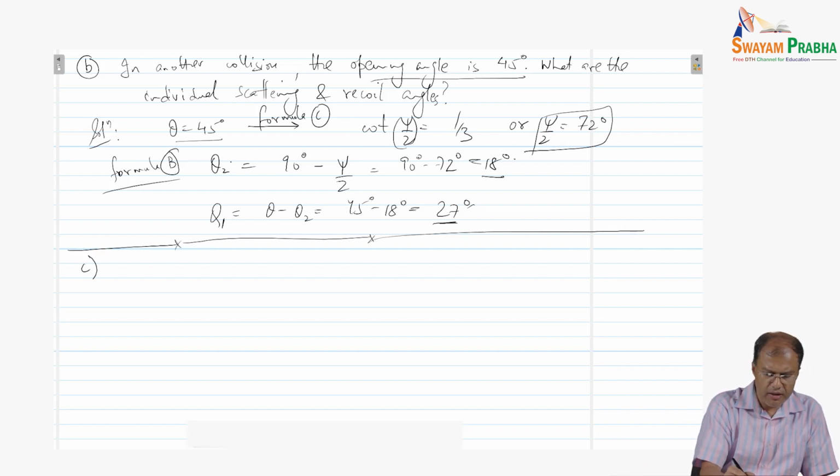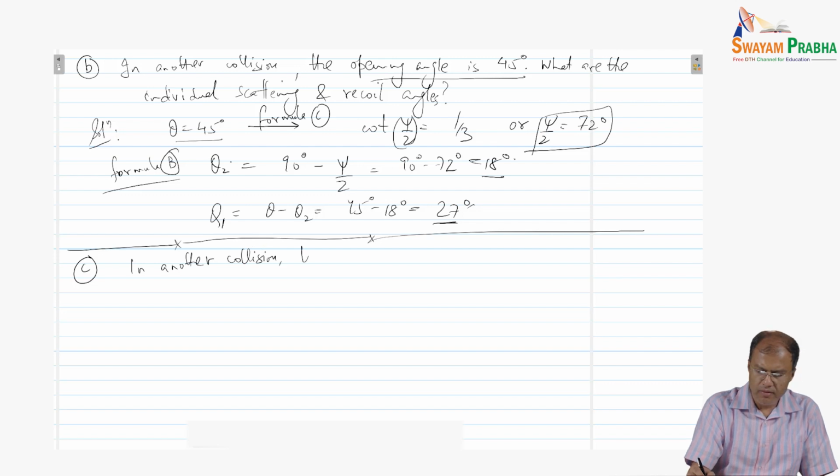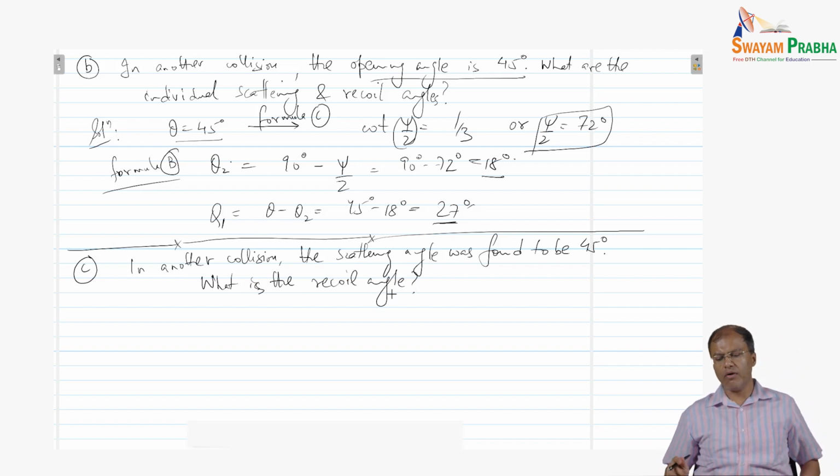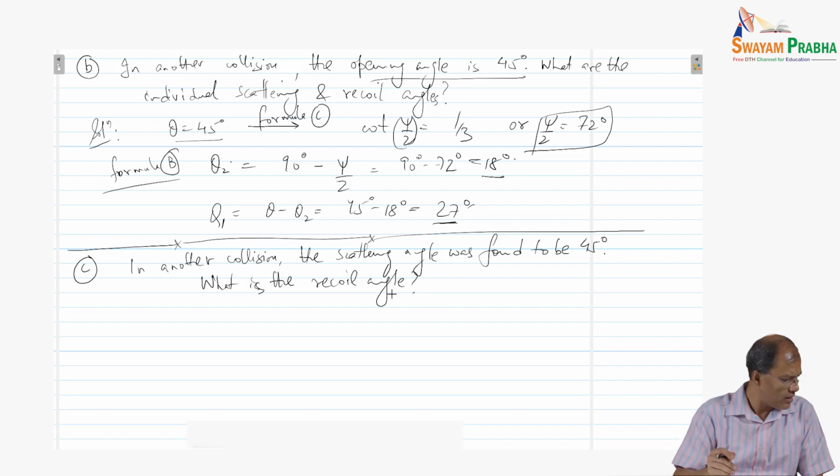The third example says, in another collision, the scattering angle was found to be 45 degrees. What is the recoil angle?